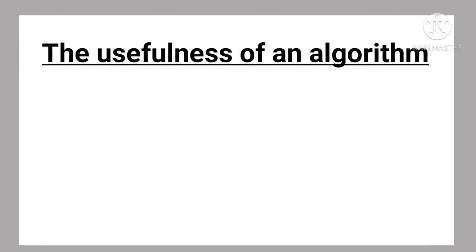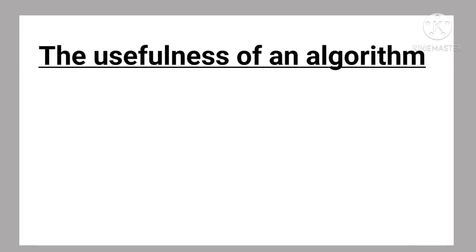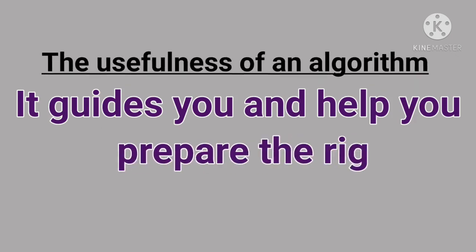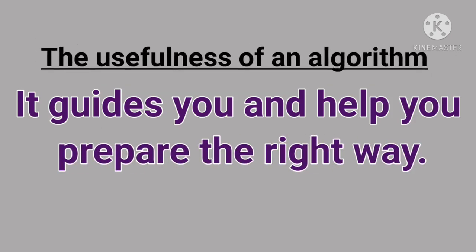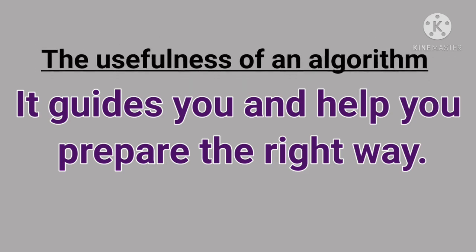So now let's discuss the usefulness of having an algorithm, or the importance of having an algorithm. Remember, an algorithm is a list of steps taken to solve a problem or to complete a task.